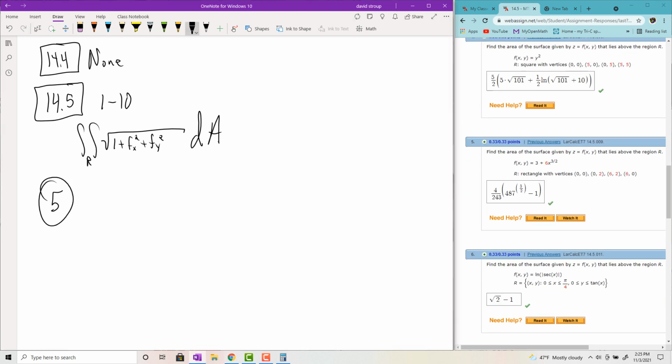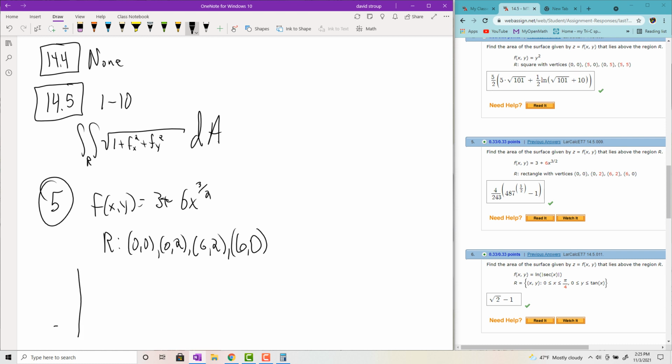So number 5, we have f of xy equals 3 plus 6x to the 3 halves, and we're integrating over this rectangle, with corners 0, 0; 0, 2; 6, 2; and 6, 0. Okay, so you could draw a little picture if that helps. Sorry.